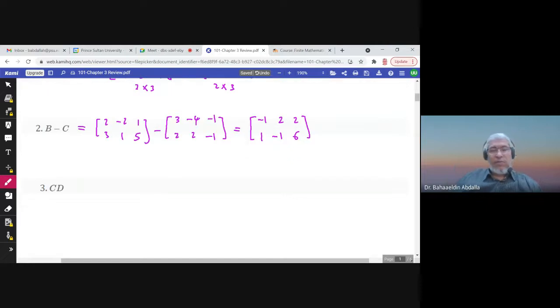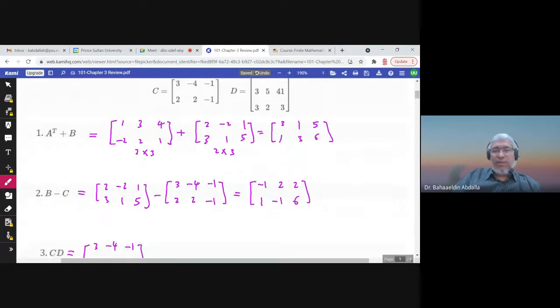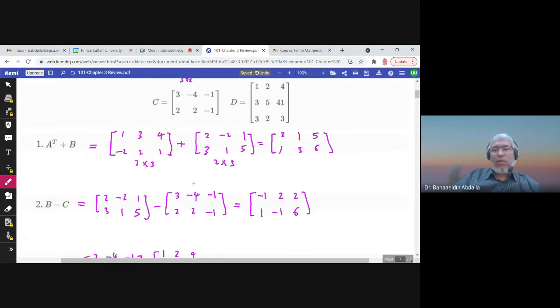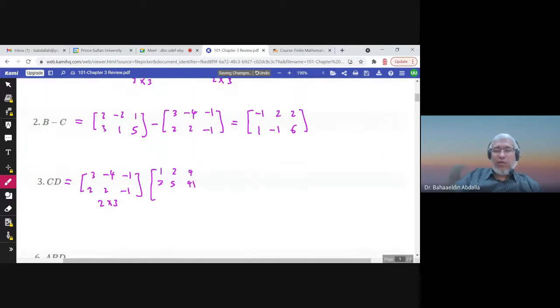Now C times D. This is the matrix C, and it is of order 2 by 3, and we need to multiply by the matrix D. 3, 5, 41, 3, 2, 3.